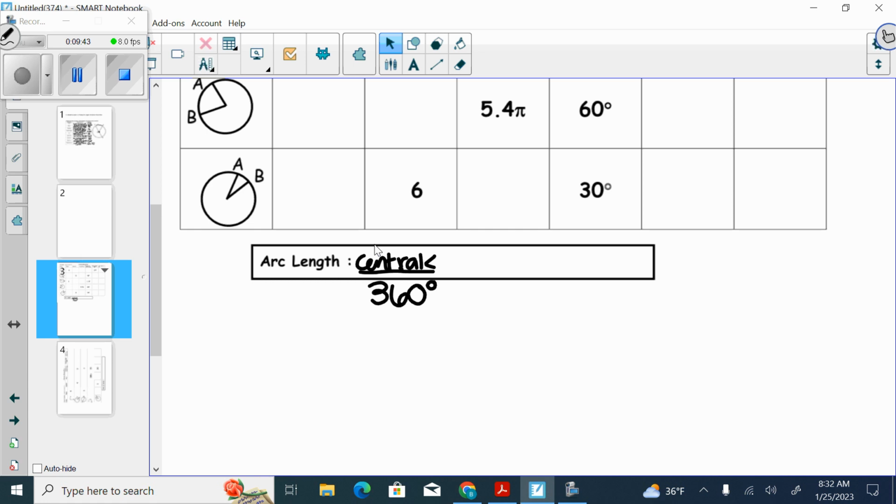But we're wanting to convert that into arc length, which is some part of the distance around the circle, which is basically circumference, right? Does anybody remember what the formula for circumference is for a circle? Any guesses? 2 pi r, right. So 2 pi r is the whole circle. We're just looking for a portion of that circle. So, just like yesterday, we're going to set up a proportion that we could cross multiply.